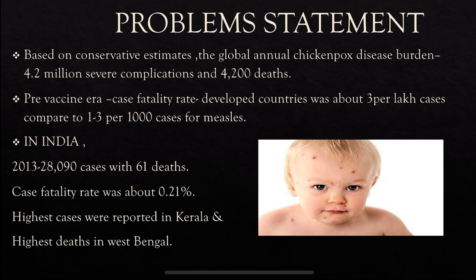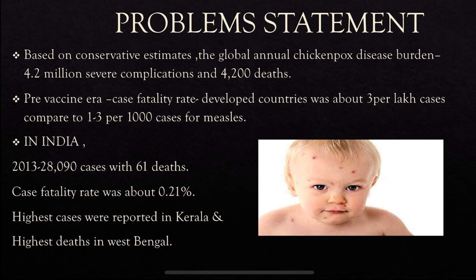Based upon the conservative estimates, it also leads to severe complications, which lead people to get hospitalized. And unfortunately, the disease gets so severe with complications that 4,200 people ended up being fatal.